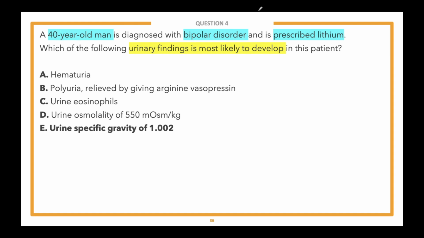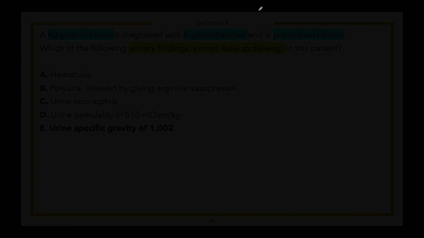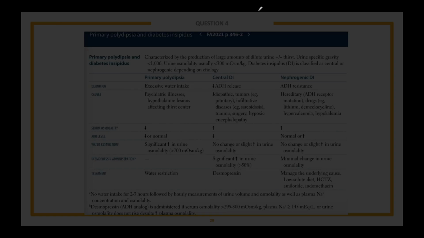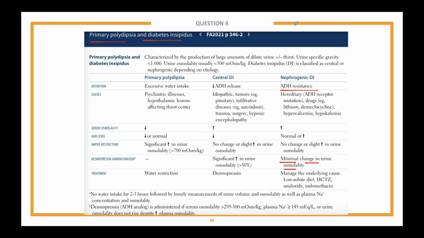And actually, Sean, if there's a way to go back at all, a few slides to that same table, we can see here in that table of central diabetes insipidus versus nephrogenic diabetes insipidus, you can see there that in looking at desmopressin administration, you can see with central DI that there is a significant increase in urine osmolality because of efficacy in that versus minimal change with nephrogenic DI.